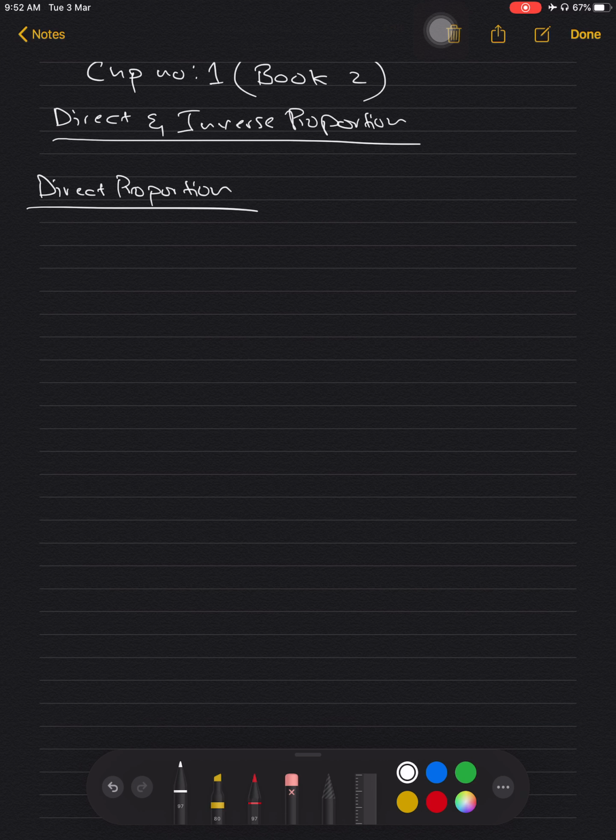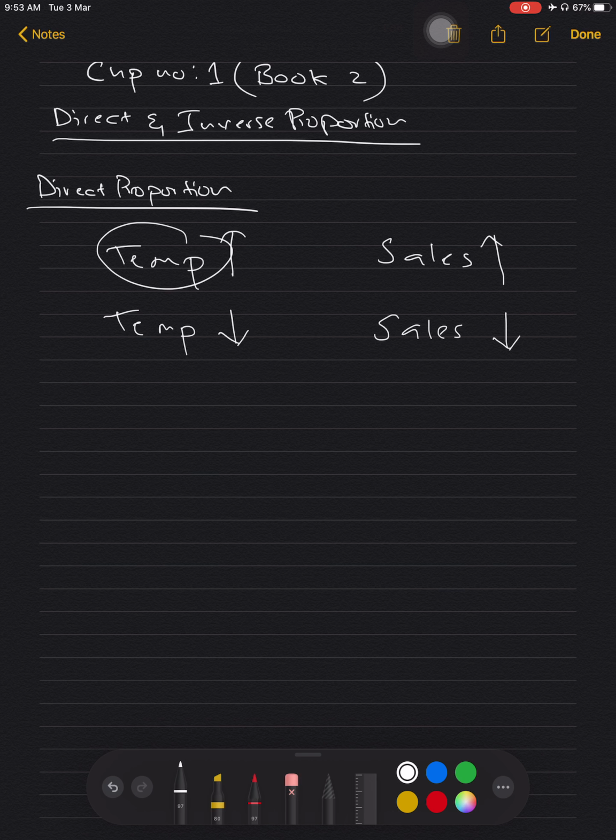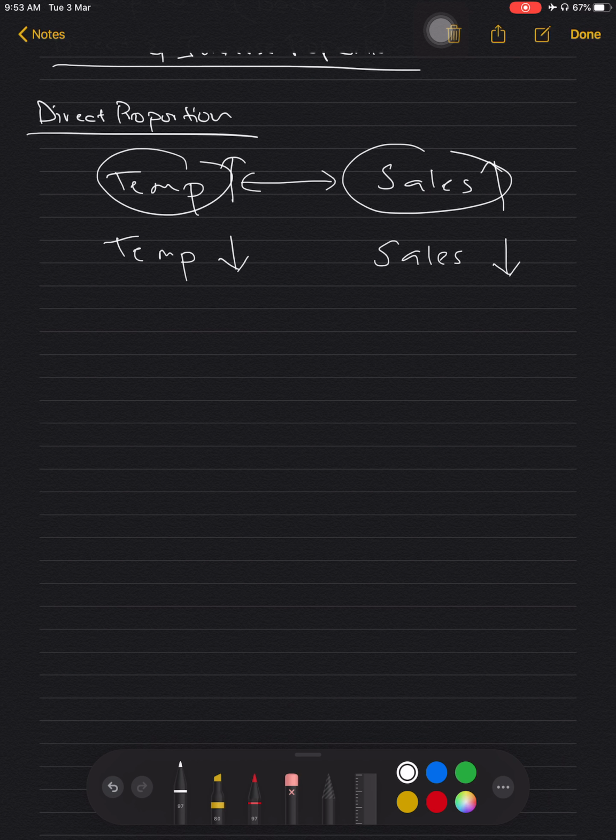Think, okay, if the temperature is hot, the temperature is rising, then the sales of ice cream will also rise. ठीक है, in summers you demand more ice cream, and if the temperature is falling, ठीक है, it's winters, so the sales of ice cream will also be falling. So you can say these two things, the temperature and sales of ice cream, are directly connected with each other. They have a direct relationship.